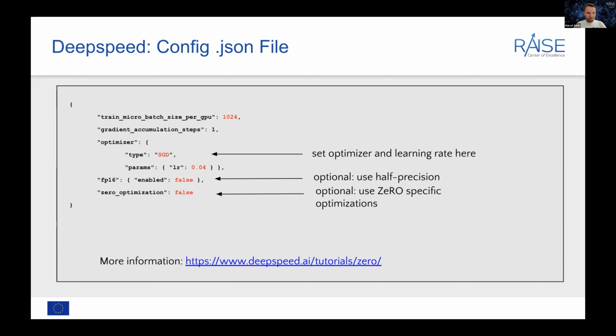For more information, just check out the DeepSpeed website, where they show you what kind of methods stand behind each level of optimization. I want to mention that most of them are probably more interesting once you're using model parallelism and not for the data parallelism case.